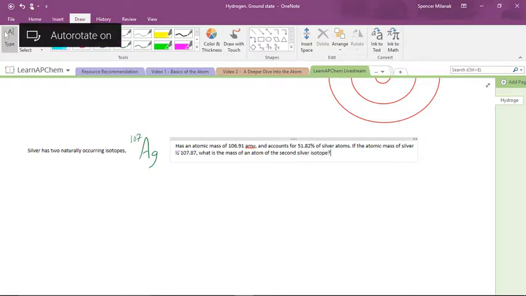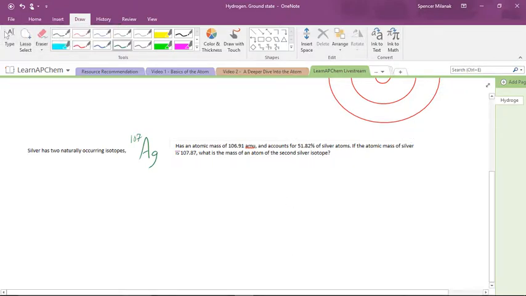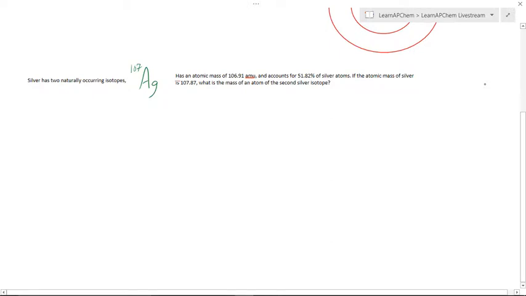So here I'm assuming that we only have 2 isotopes. As we talked about earlier, our atomic mass is just an average of naturally occurring isotopes. And so here we can say that our average mass is 107.87, and that's AMU.